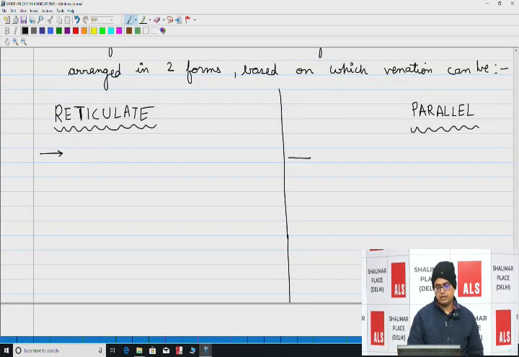What is the example of reticulate venation? What is the example of parallel venation? Reticulate venation, take any tree for example, any woody plant in which wood is formed. You will always see that the leaf has some particular pattern.